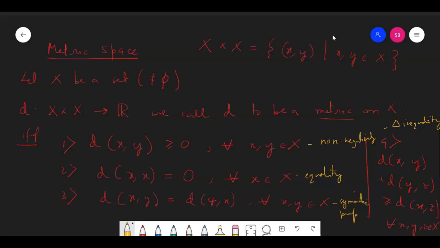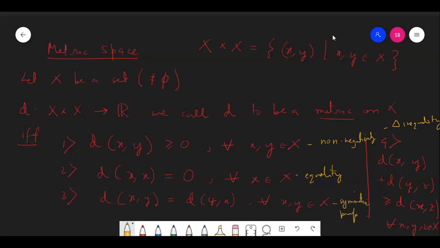We can see all the properties are the ones we want for a distance. The distance between two points should always be non-negative. The distance from a point to itself should be 0. The distance should be symmetric: the distance between x and y should equal the distance between y and x. And it should satisfy the triangle inequality.